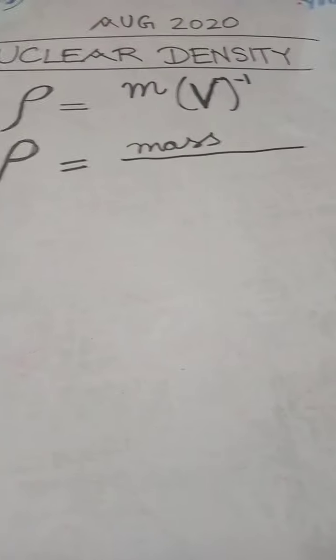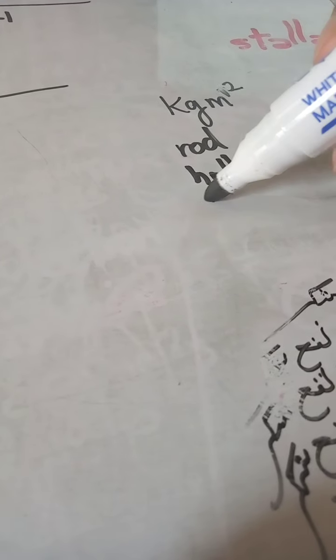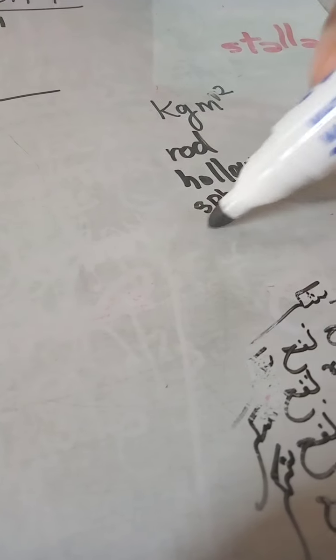So just on the side, the units of moment of inertia are kg meter squared, and it's separate for a rod, for a hollow rod, for a sphere or a hollow sphere, for a disc, or for a disc with no center and stuff like that.